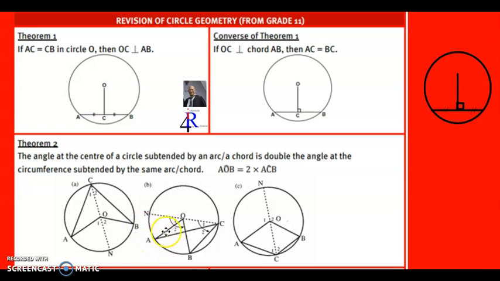Likewise, if an angle is drawn at the center and an angle at the circumference, don't confuse this one. It might look the same size, but it's not. This one is half the size of that one, according to this information. Likewise, the angle at the center is twice the angle at the circumference.